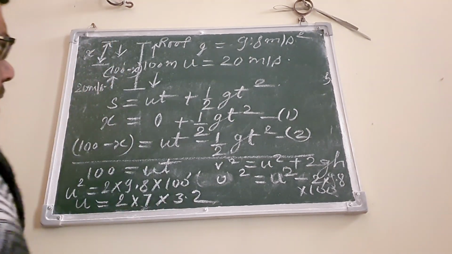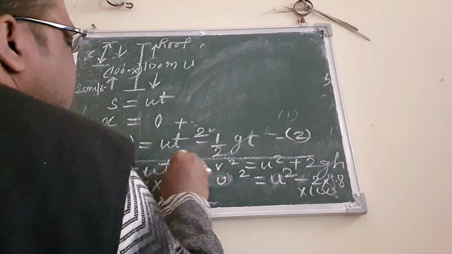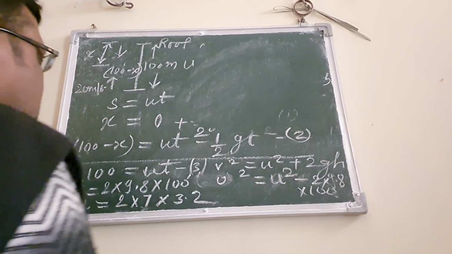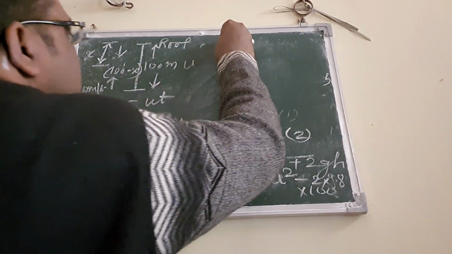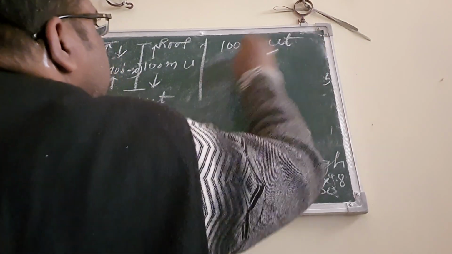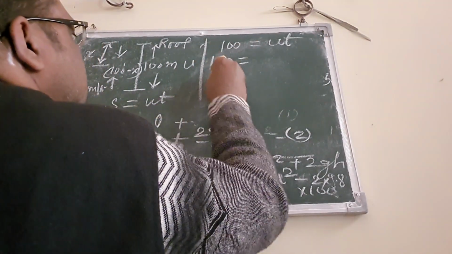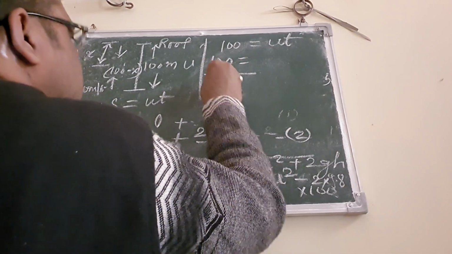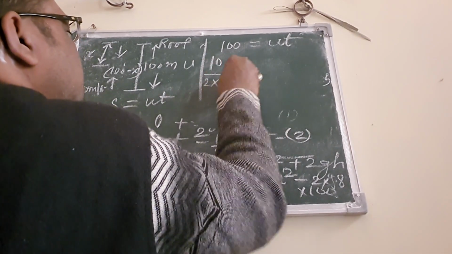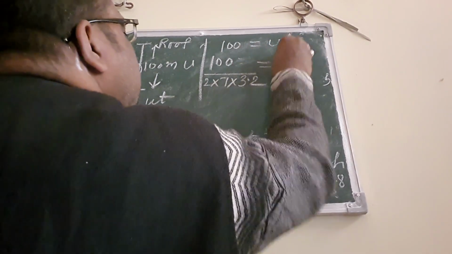So now substituting this value of u in the third equation, 100 is equal to ut. So 100 is equal to 2 into 7 into 3.2 into t.